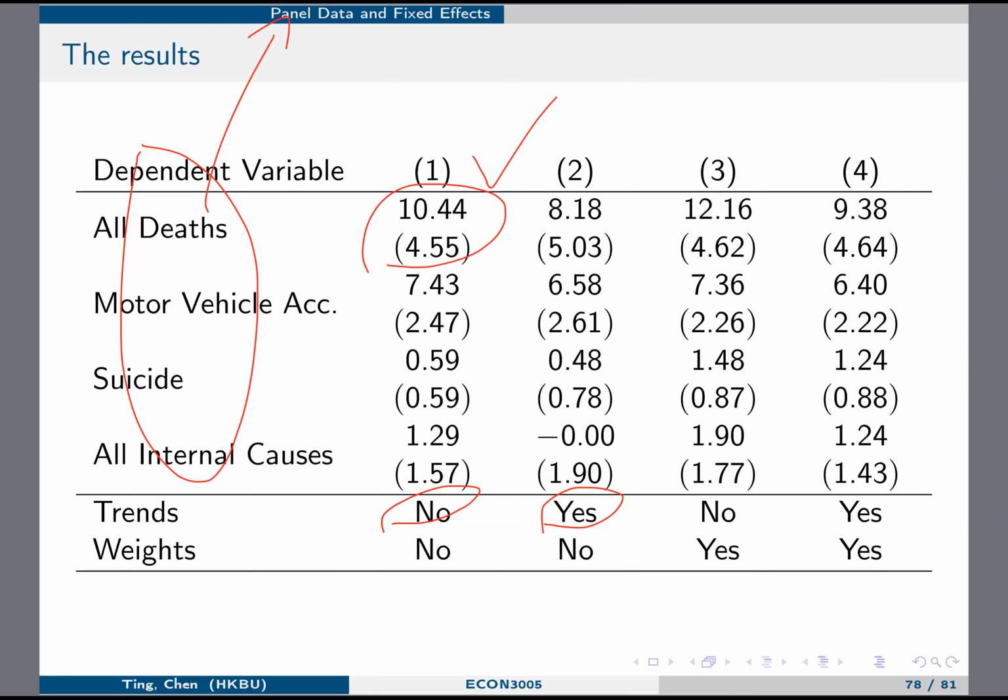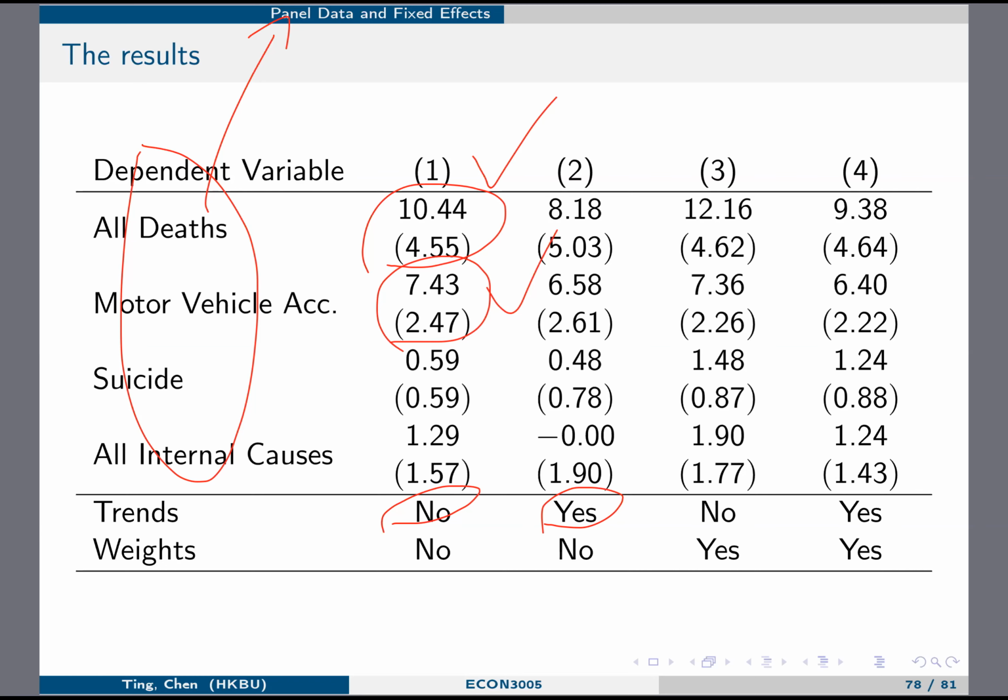And if we only look at the death rate by motor vehicle accidents, this is the result, coefficient and standard error. And the t statistic will be less than 3, more than 2, so it's also significant. How about if we use the mortality rate by suicide?